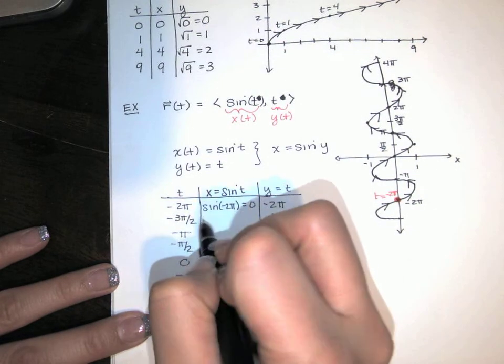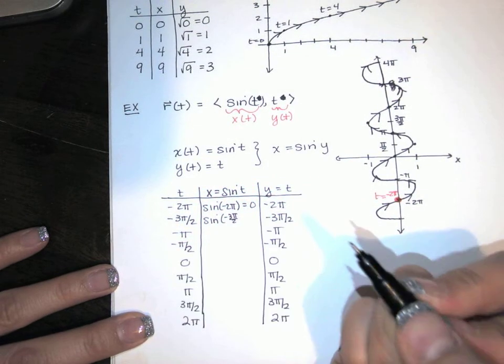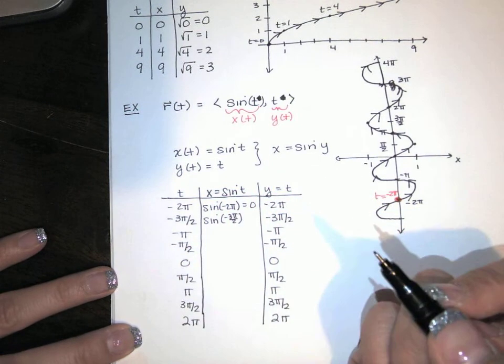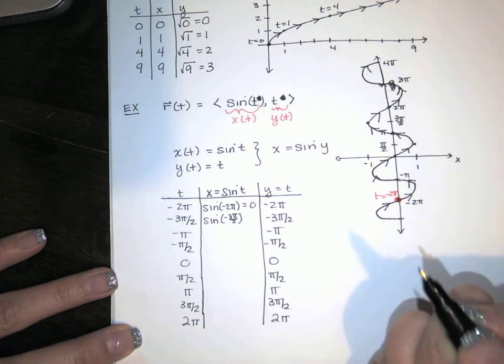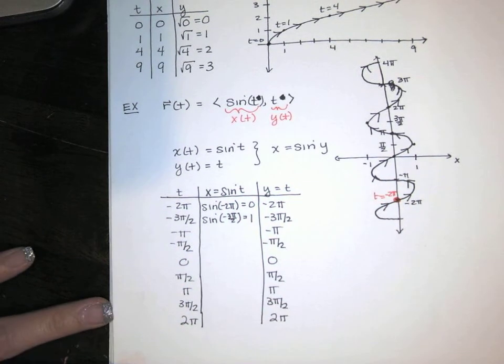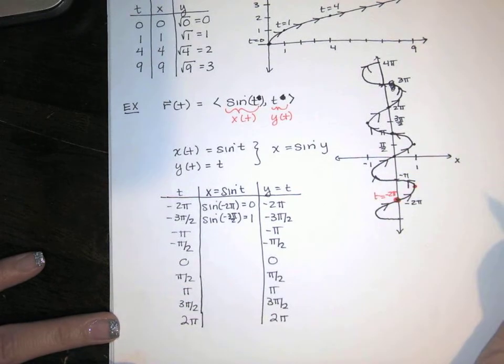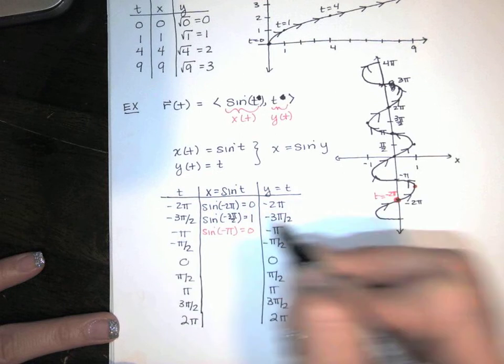Then when t equals negative 3 pi over 2, sine is going to be 1. And so we're right here. And at negative pi, we get 0.